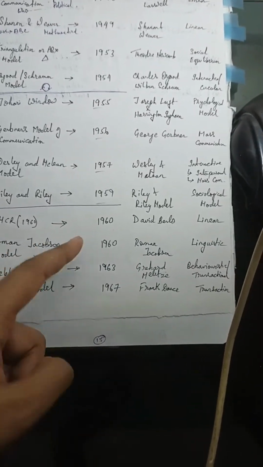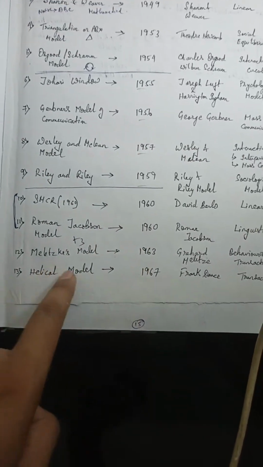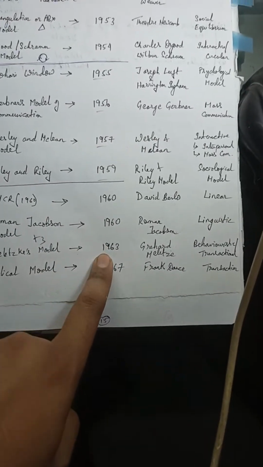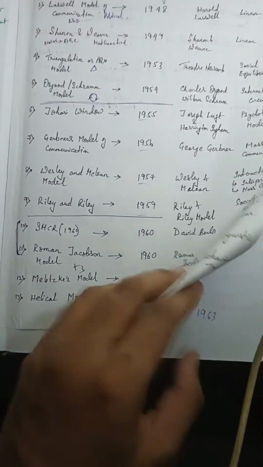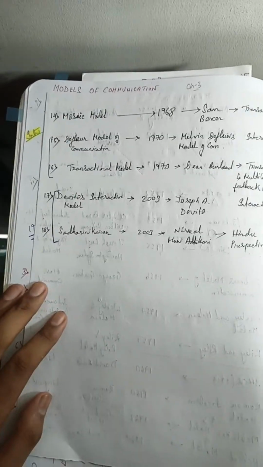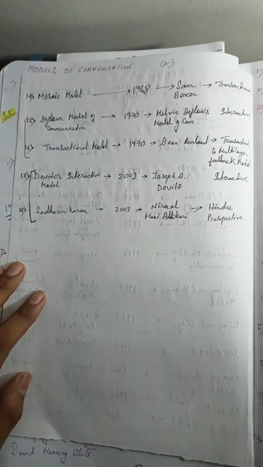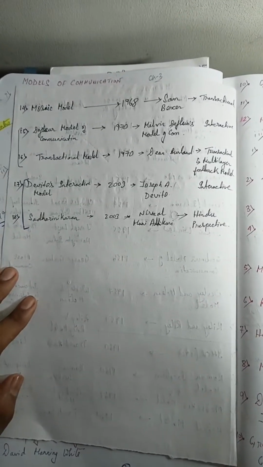After three years, in 1963, we have Maletzke's model. After 1963 we have the 1967 helical model, followed by the mosaic model of 1968, DeFleur's model of 1970, and the transactional model, also in 1970, and Dewey's interactive model in 2003, followed by the Sadharanikaran model in 2003.